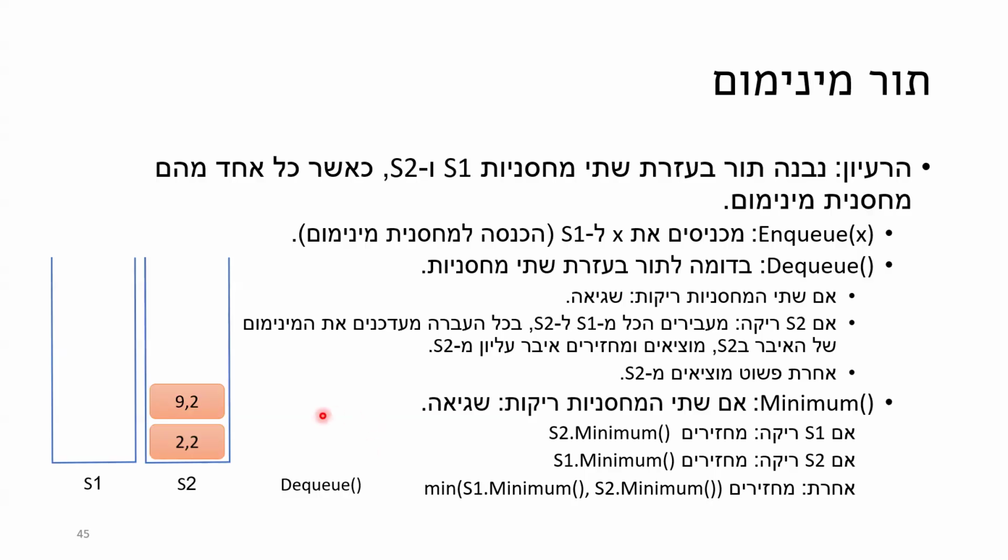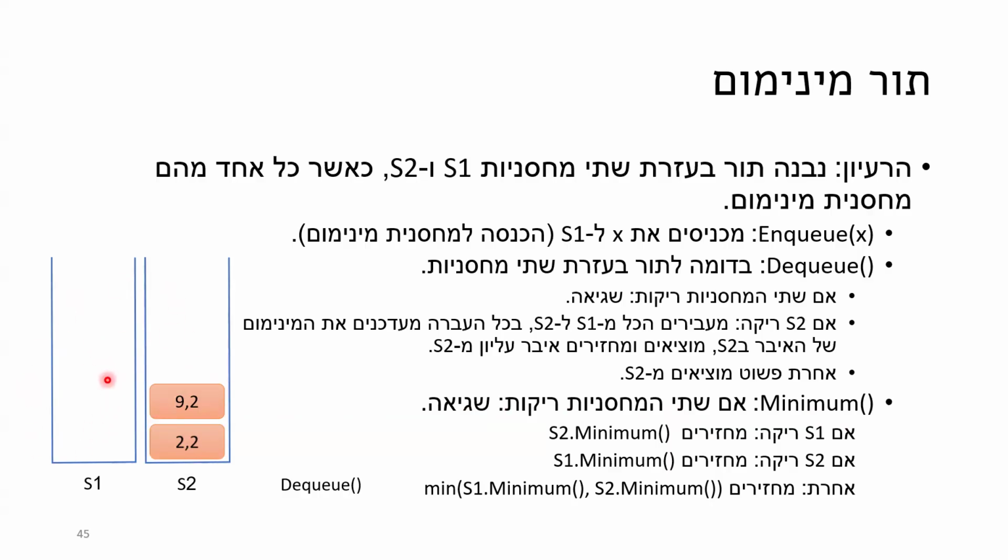Now, note that the minimum here in this stack is 2, right? The minimum up until here is 2. Therefore, on minimum, we check the minimum between both stacks, right? Because we could have more elements here, and we want the minimum out of all of the elements.